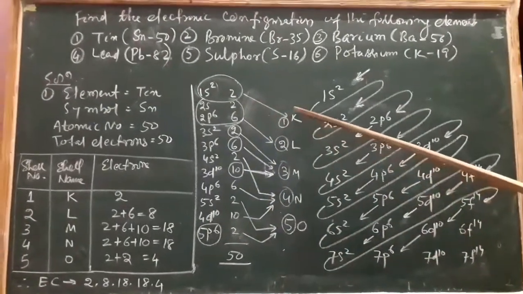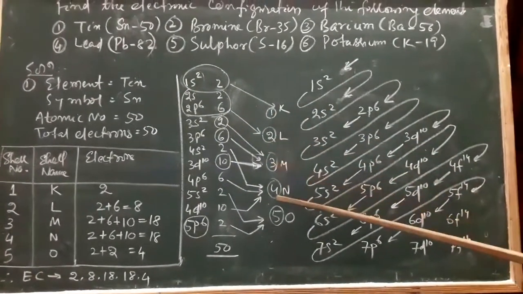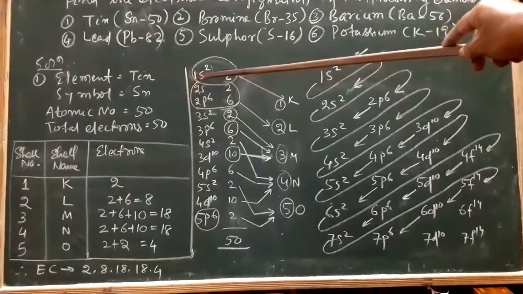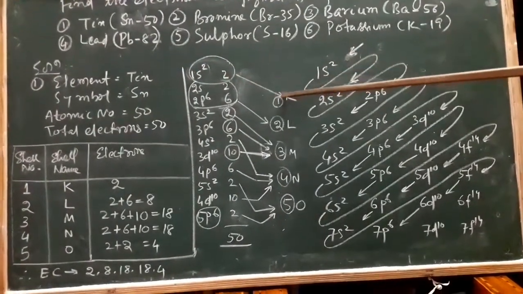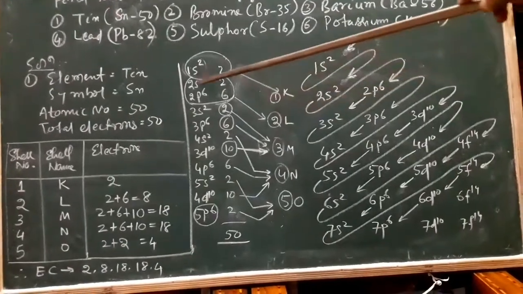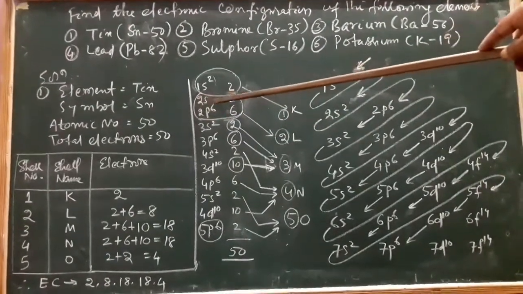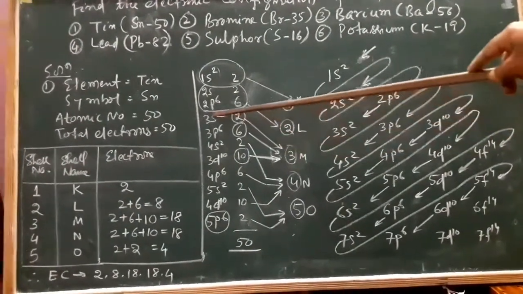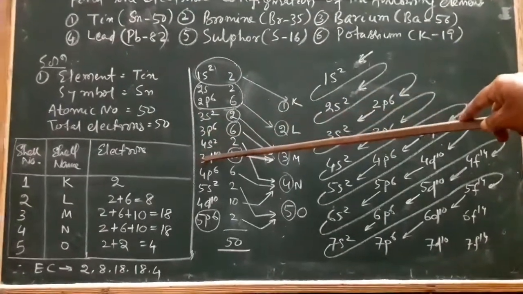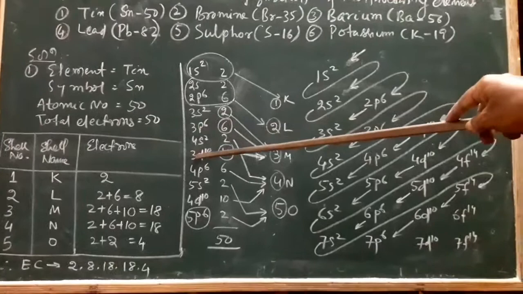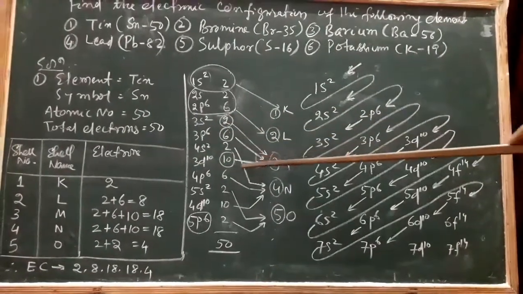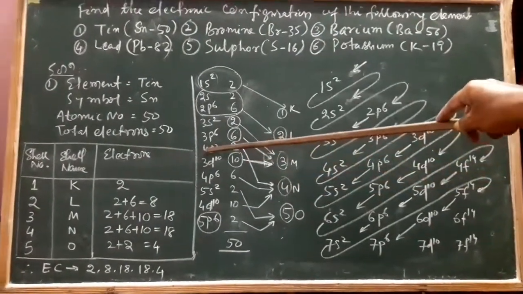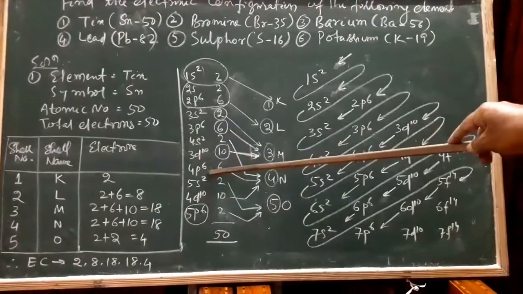Now the shell names: the first shell is K, second is L, third is M, fourth is N, fifth is O. The 1 appears only once, 1s2, so these 2 electrons go to K. Now the 2s2 and 2p6 come under L. Coming to the third shell, 3: 3s2, 3p6, 3d10, these 3 have arrow marks and come under M. The fourth shell N has 4s2, 4p6 and 4d10.